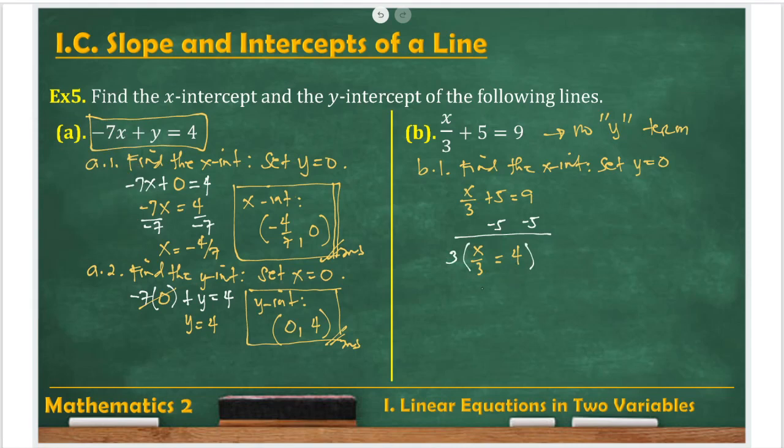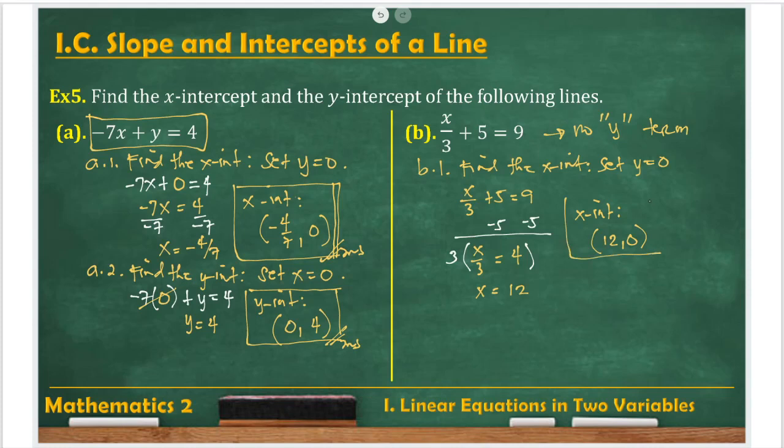So we have x is equal to positive 12. So that's the equation, x equals 12. This is actually a vertical line which passes through point 12, 0 on the x-axis. So for the x-intercept, we can write the point with coordinates 12, 0.